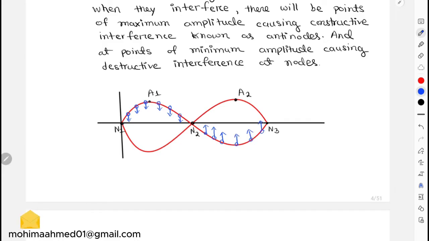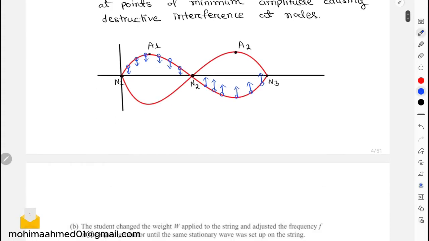Another thing to focus on: on either side of a node, the points are in antiphase, because one will move downward and the other will move in the upward direction. So there are two statements you have to focus on.